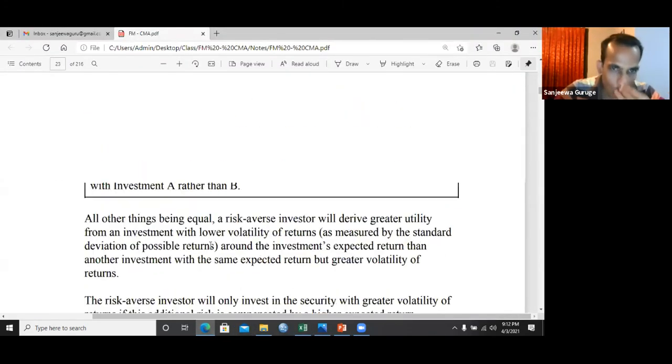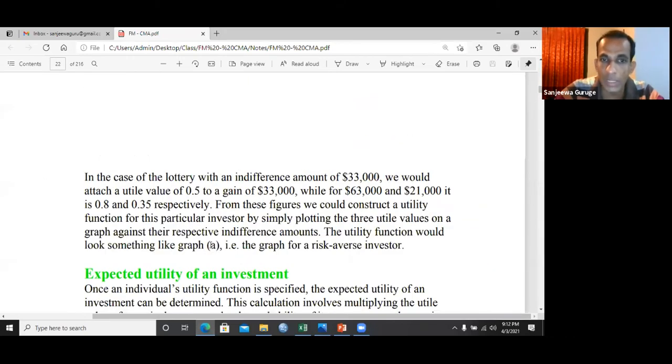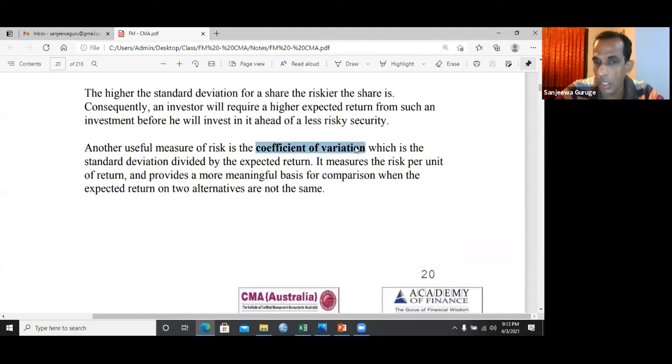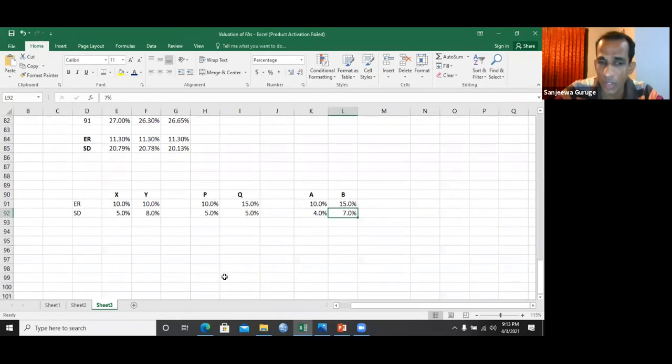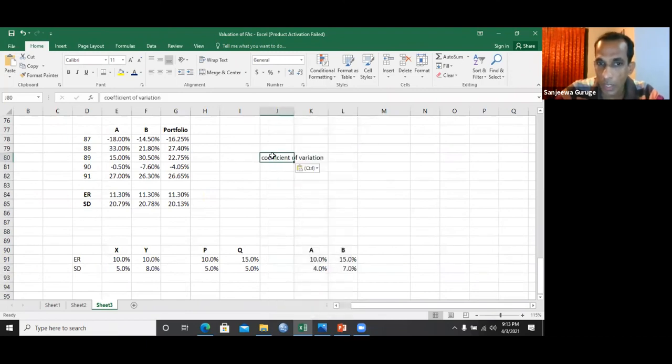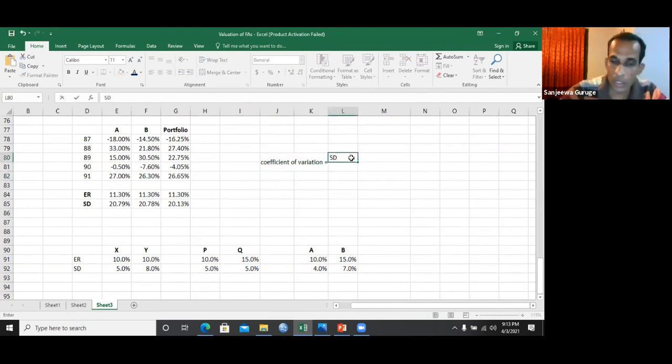We can calculate a value known as coefficient of variation. We calculate it to identify the risk per unit of return. So coefficient of variation equals standard deviation divided by the expected return.